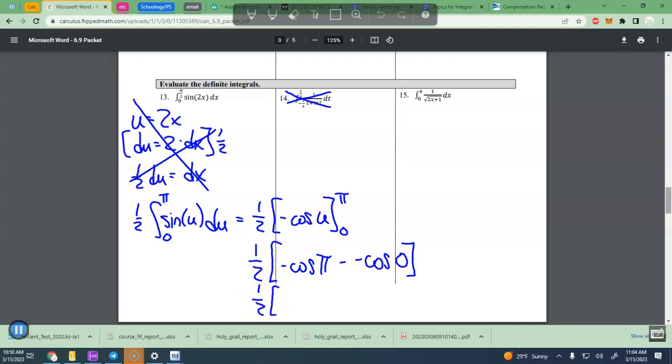So cosine of pi, from your perspective, pi is over here, and cosine's the x value. So what's the x value over here? It's negative 1, but it's a negative of that, so it's 1. Minus a negative is a positive. Then cos of 0 is the x value over here, which is 1. So you get 1 half times 2.